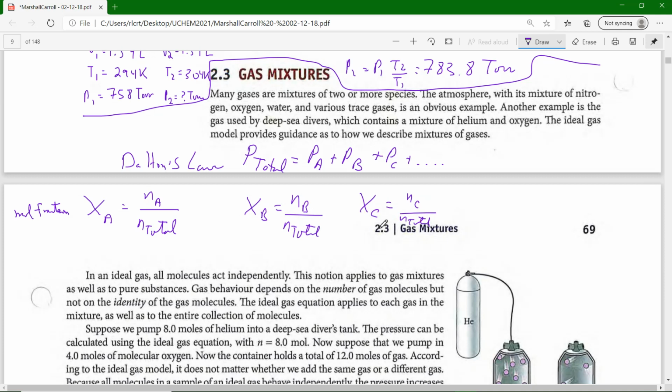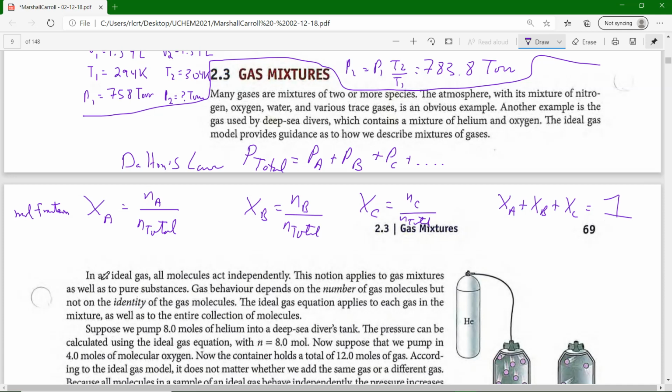If there were only 3 components, then the mole fraction of A plus the mole fraction of B plus the mole fraction of C would have to equal 1. If there are 4 components, then all 4 fractions would add up to 1. Sometimes, I don't think we'll see it here, instead of mole fraction, you see mole percent, which is just 100 times the mole fraction.